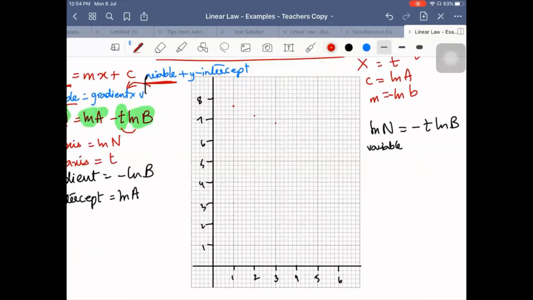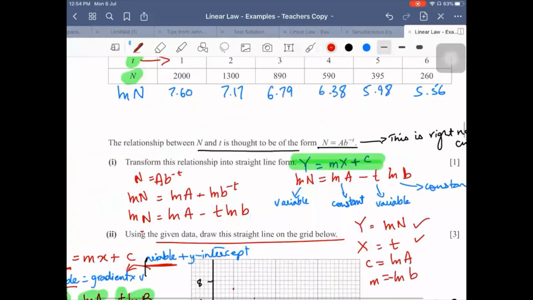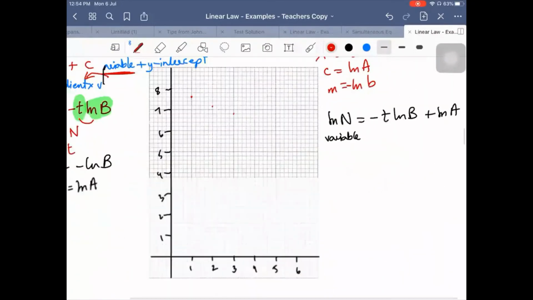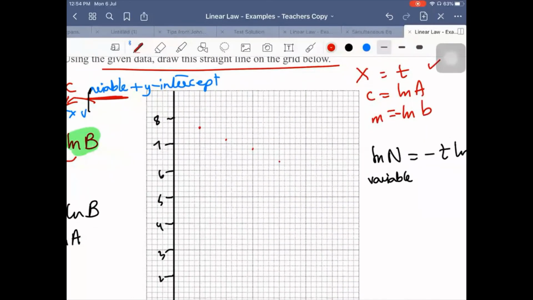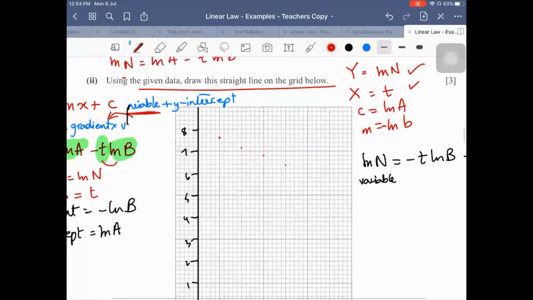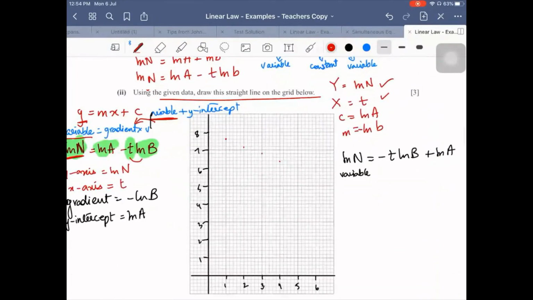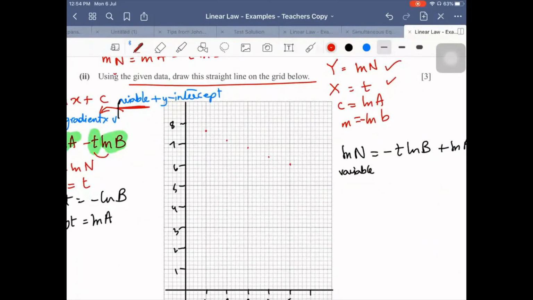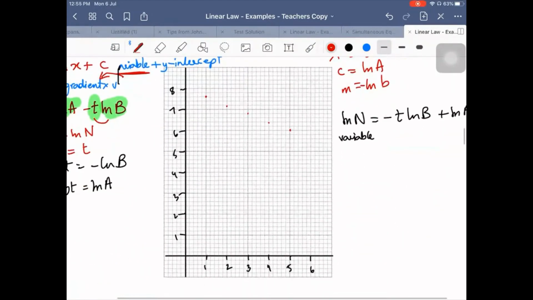And then 4 and 6.38, 4 and 6.4. And 5 and approximately 6. 6 and 5.56.